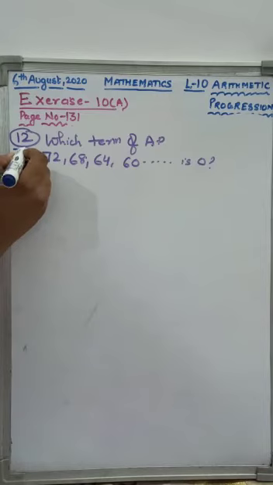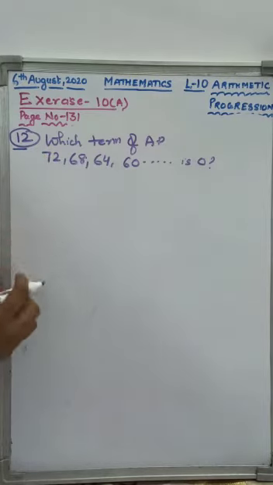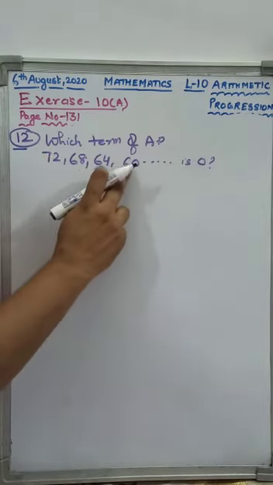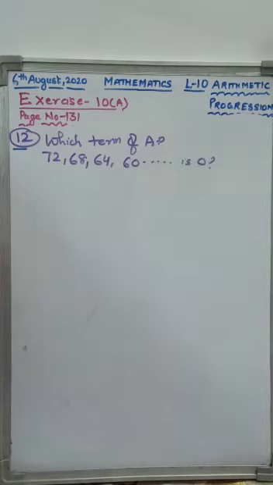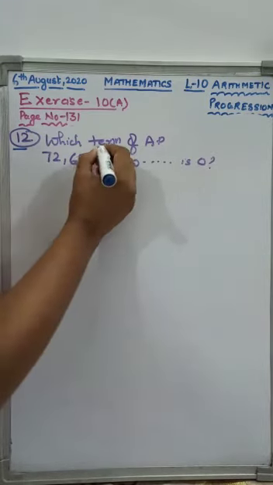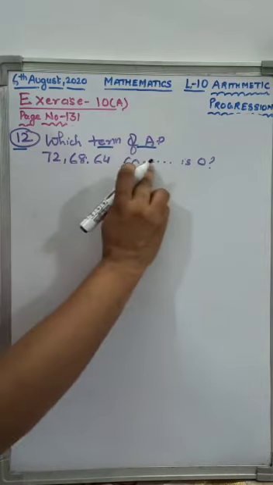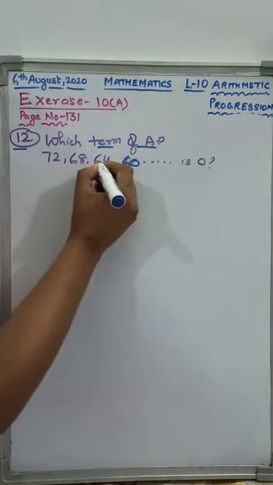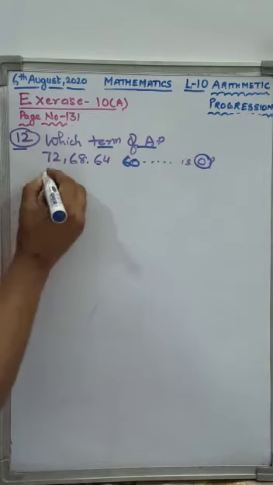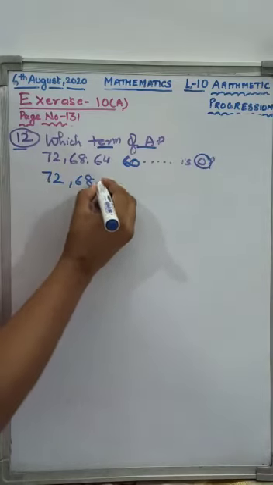Question number 12. Which term of an AP 72, 68, 64, 60 is 0? Which term? See, understand the question. The question is saying which term of this AP series will be 0. Okay. So we have to find the n.